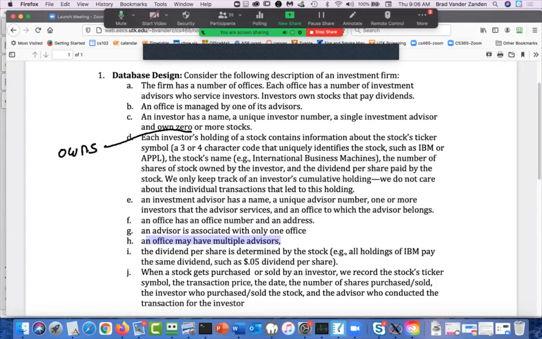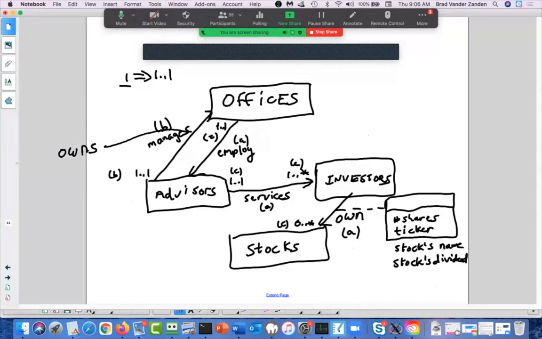It doesn't say whether it's 0 to many or 1 to many. I'm going to assume 1 to many here. So I'm going to write an offices employ 1 to many advisors. So this is coming from, I believe, H, that it's 1 to many. I know this might be a little hard to read. This was 1 and an asterisk here. Okay, so moving back.